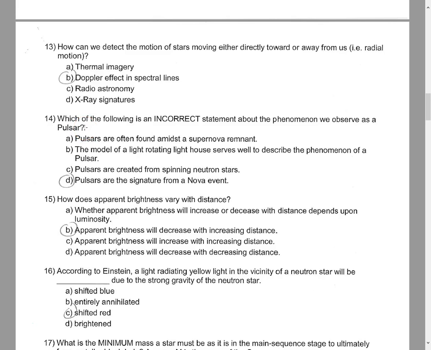Question 14, which of these is an incorrect statement about the phenomenon we call the pulsar? So I'll go right to the incorrect one. It's incorrect to say that D, pulsars are a signature from a nova event. It is true to say that A, pulsars can oftentimes be found amidst a supernova remnant because a neutron star is creating the pulsar, and neutron star is one of the 2 options after a massive star blows up, creating a supernova.